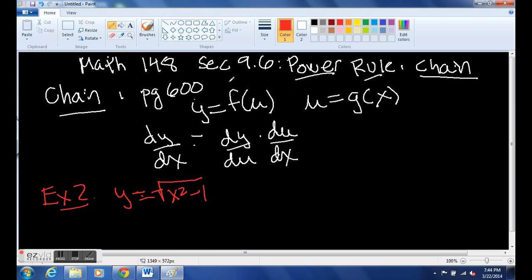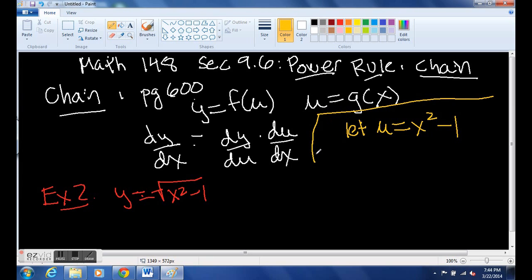So when I was learning this, we called this substitution. You'd say, let u equal x squared minus 1. I think maybe I called it the substitution rule, but then we also didn't have the internet, so a lot is different, people. So we could say now we can write y as the square root of u, because of this.